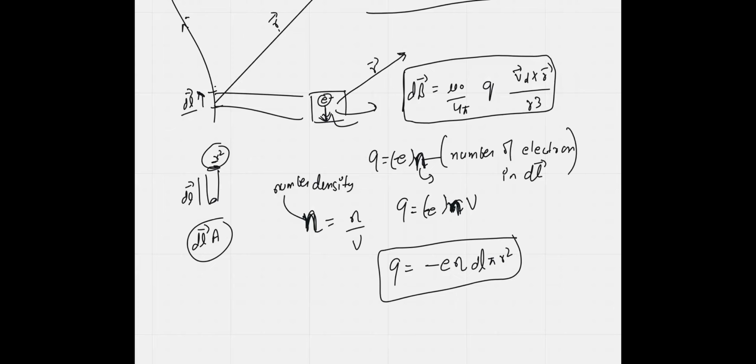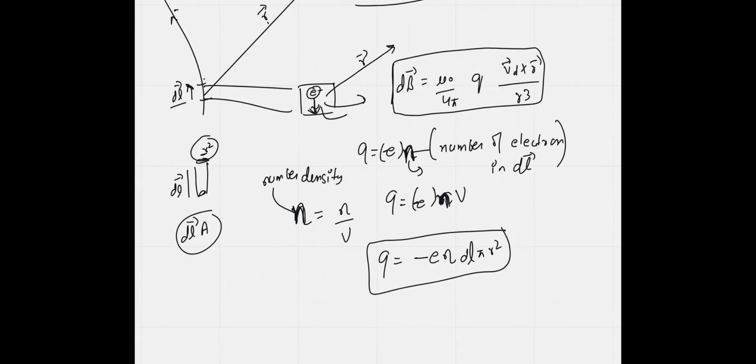I hope this might be clear. So we can actually simplify the thing and rewrite the same thing as q is equal to negative e. Instead of n, you can write the number density n times a times dl, the area. So just put it over here.